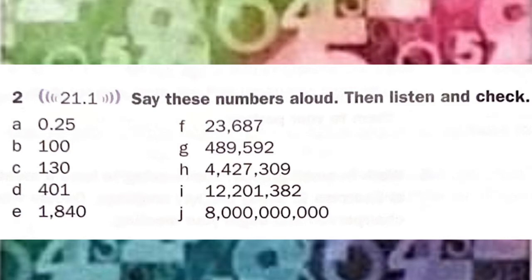F, 23,687. G, 489,592. H, 4,427,309. I, 12,201,382. J, 8 billion.